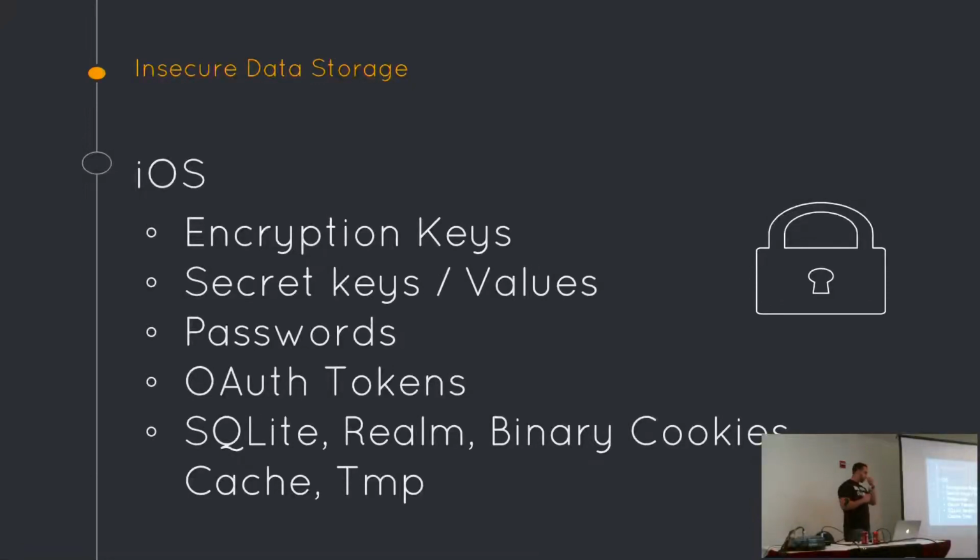And iOS has something called binary cookies. It serializes a file, but there are free tools out there that will just decode that information and show you, hey, here's the username and password, because that stuff is stored in here. For some reason, developers think that if I serialize an object, I can't deserialize it.